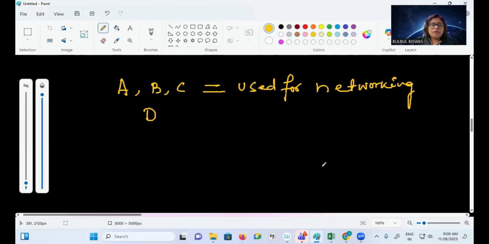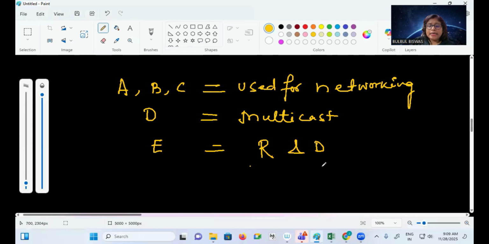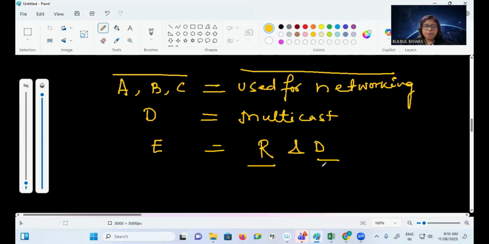Then what is the use of class D? Class D is used for multicast, and class E is used for R&D, research and development. Are you getting my point, everybody? So there are a total of 5 classes, among which A, B, C are used for networking purposes.